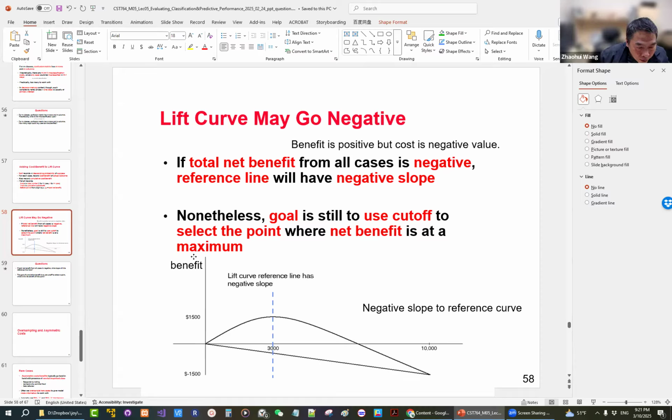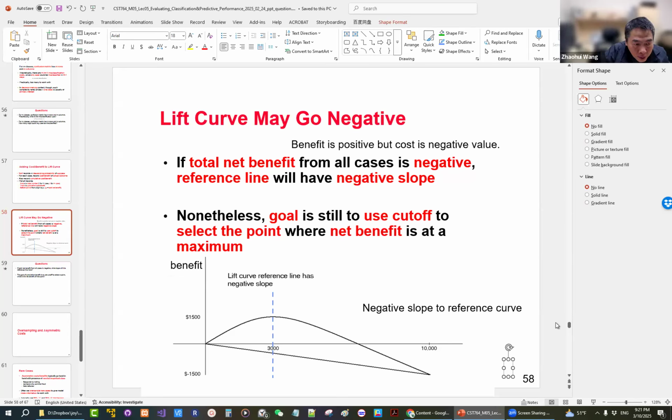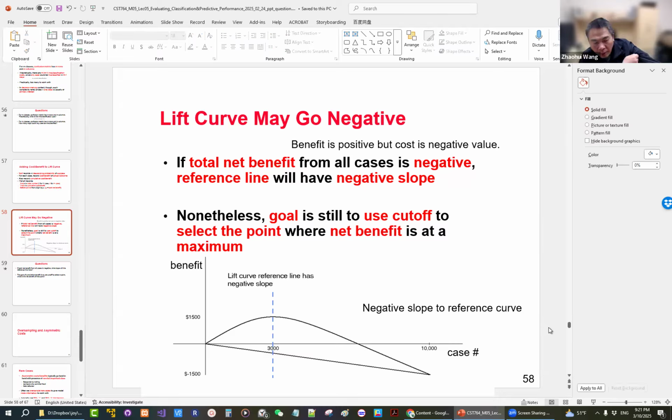For the y-axis. The horizontal will be the number of cases, the case number. If we apply more cases, the benefit becomes a negative value.